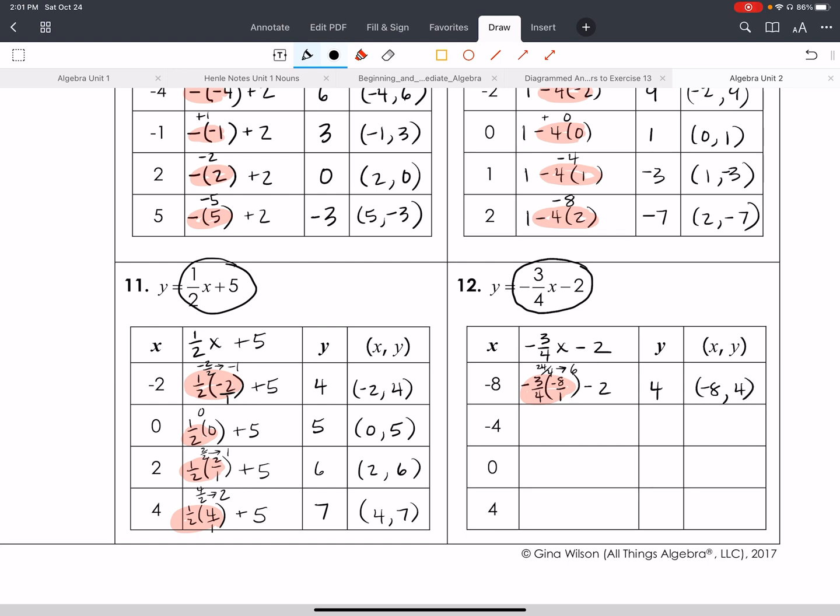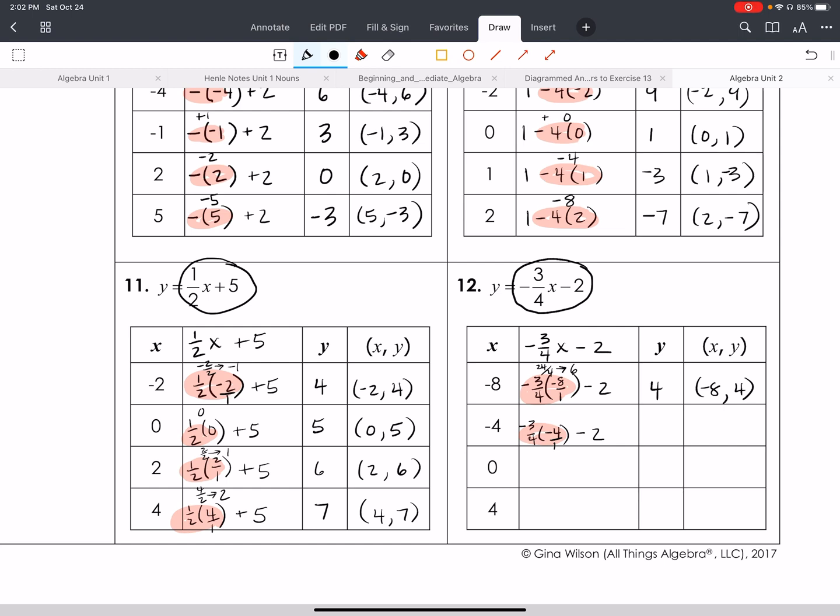Over here, I'm going to put in -4. So I've got -3/2 times my new input number of -4, and then I'll subtract 2. So doing the multiplication first, I should have written it as -4 over 1. Now I have very little space and it's going to be sloppy. Oh well. So -3 times -4. Guys, when it's a negative fraction, I automatically push the negative up onto the top number.